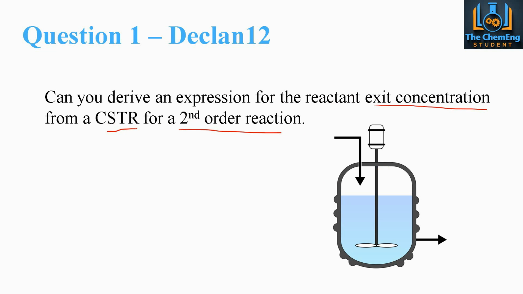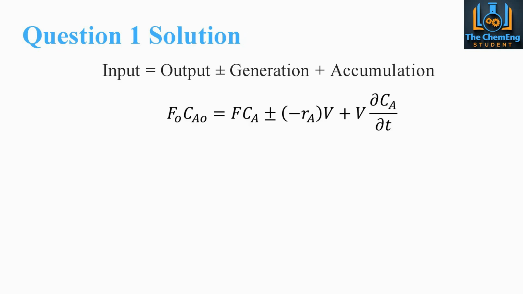So the way that I would attempt this problem is as follows. I'm going to write the basic and general balance over a CSTR. So we have the input is equal to the output, plus or minus the generation, plus or minus the accumulation. Now, for our input we have a flow because we have a CSTR.